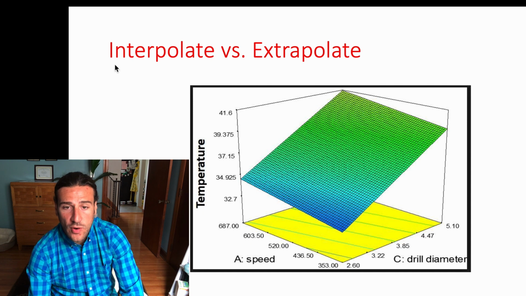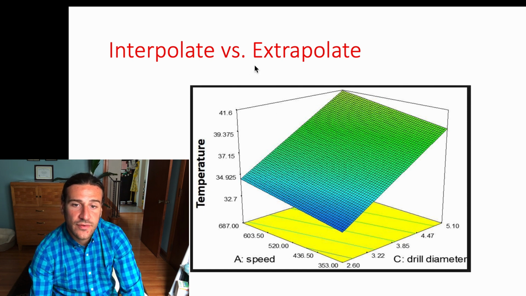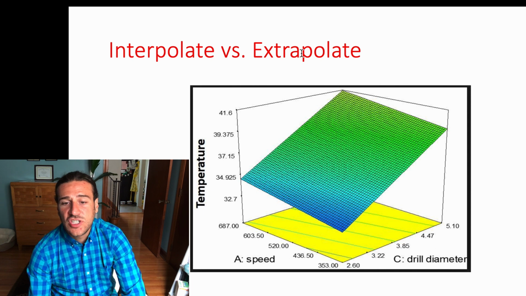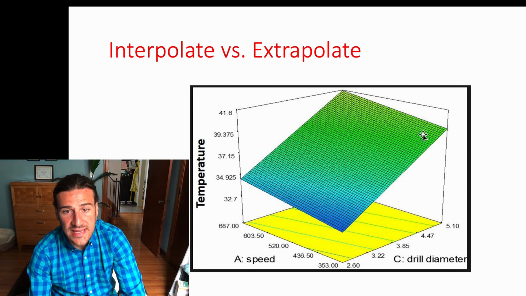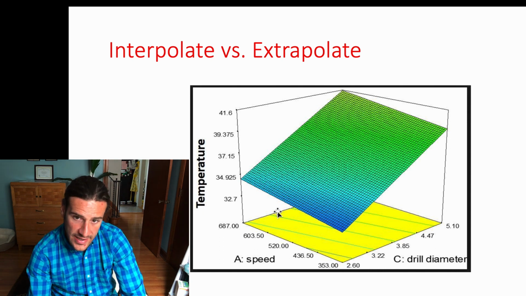So they both have to do with observing and looking at information on a graph. So to extrapolate data, the word extra is in it. So we have to go beyond the data set.